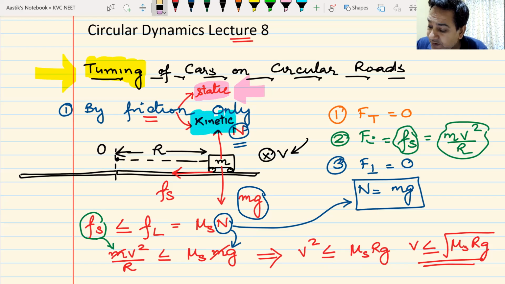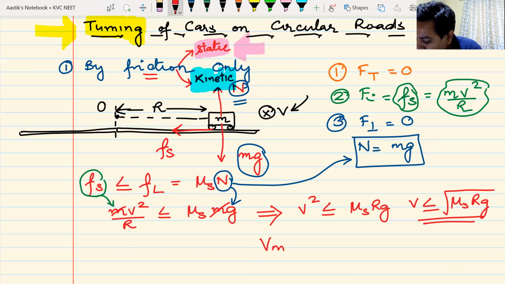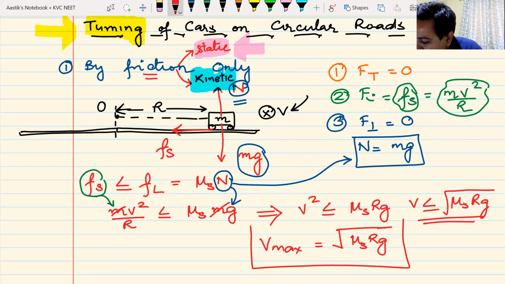So from here, I can write the value of this V max, the maximum velocity with which I can turn on this circular track only using friction will be equal to root of mu s into r into g.